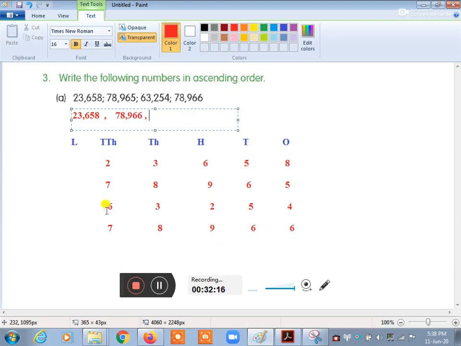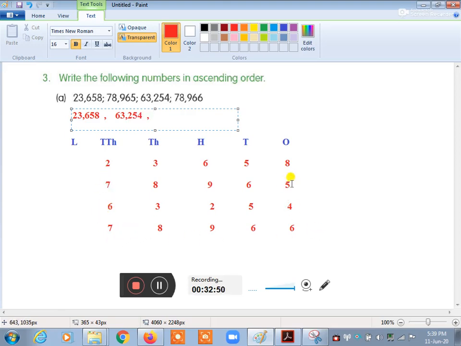So we have to write the smallest number, no? Here 7 is greater than 6. So compare 6 with 7. So again 6 is smaller than 7. So next smaller number is 63,254. So again here compare 7 and 7.